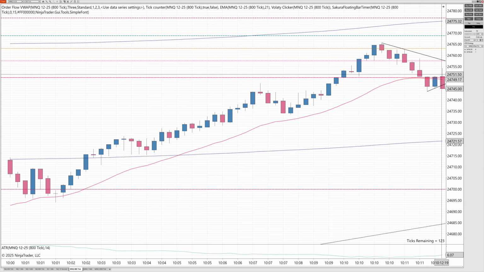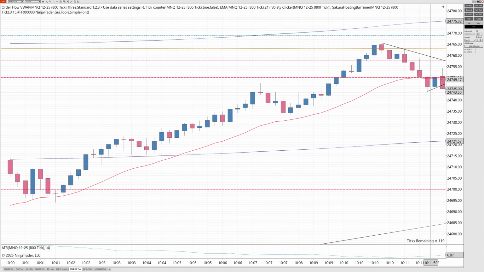But now you can see this inverted hammer rejection off the 750 level, excuse me. The EMA, we're in a downtrend here. We would take this lower if it triggered.